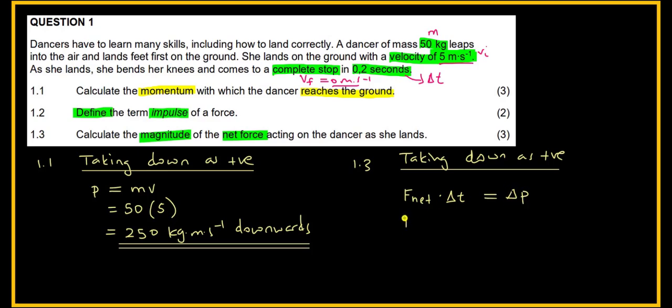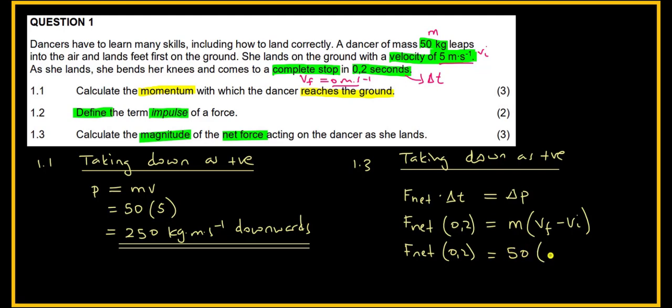So F net multiplied by 0.2, which is our delta t, is equal to the mass multiplied by the final velocity minus the initial velocity. So F net times 0.2 is equal to 50 multiplied by the final velocity, which is 0, minus the initial velocity, 5.